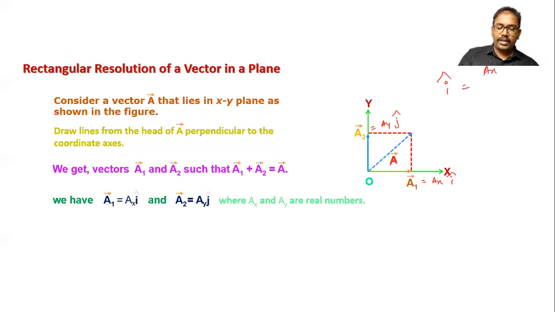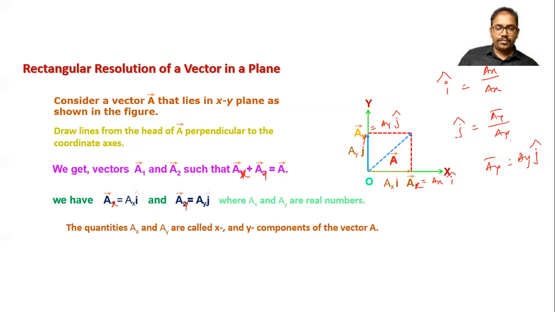So AX vector divided by the magnitude of AX. So AX plus AY is equal to A, and AX I can write AX i cap, and AY I can write AY j cap. In a similar manner, j cap we can write as vector AY bar divided by magnitude AY. So AY bar is AY j cap.